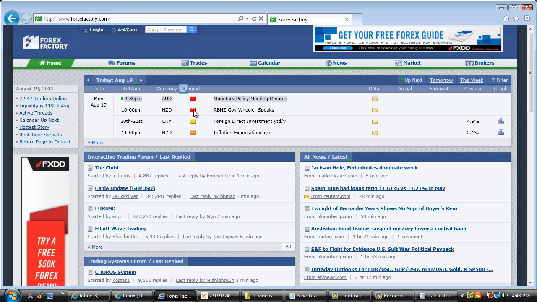So for the New Zealand dollar, if there was a trade set up at 10 p.m., whatever time, you can take it. It's up to you. But if you lose, because sometimes you win, but if you lose, do not martingale during this time period, because someone is talking.